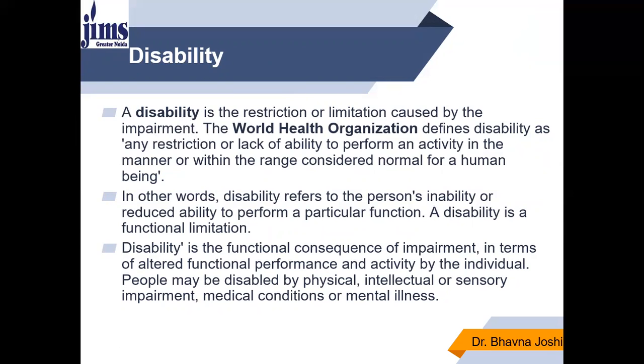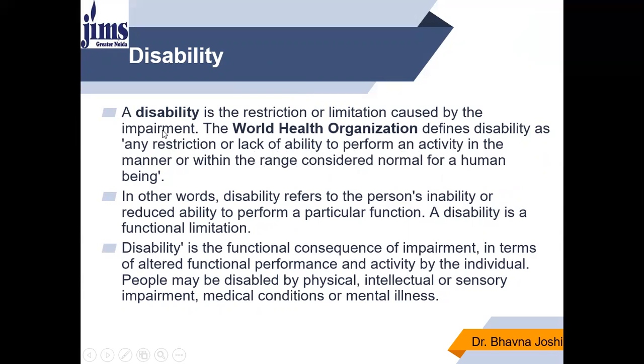WHO, the World Health Organization, defines disability as any restriction or lack of ability to perform an activity in the manner or within the range considered normal for a human being. So according to WHO, it is any restriction or lack of ability to perform an activity.